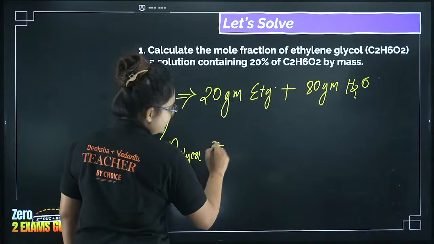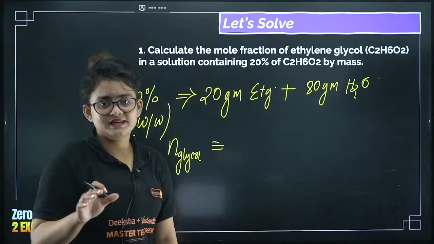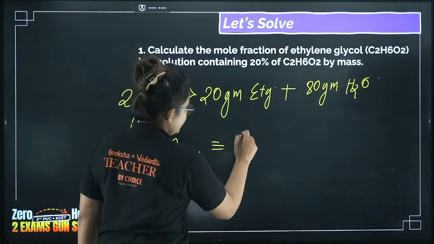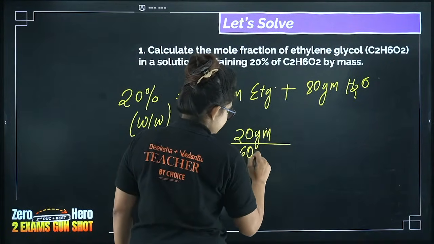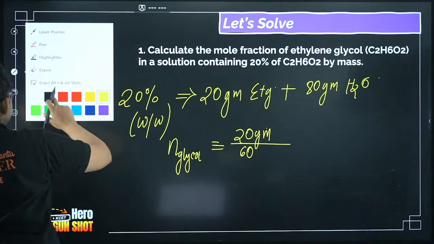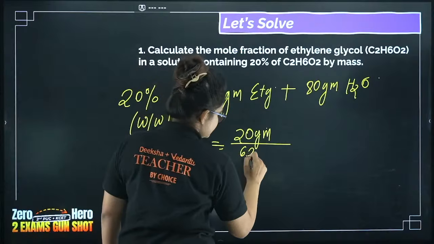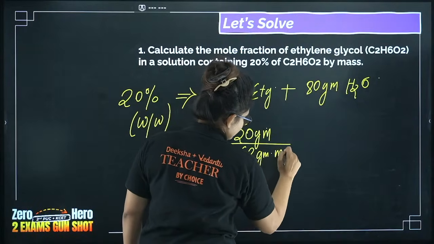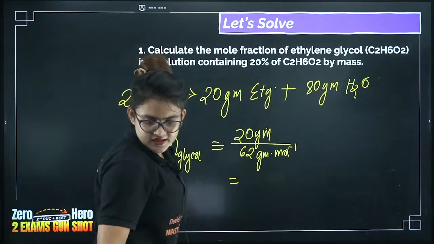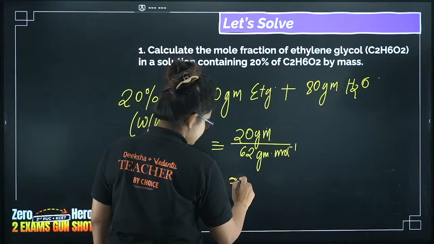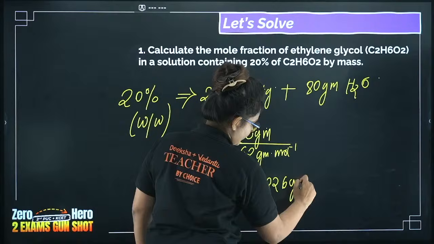If you want to find the number of moles of ethylene glycol, you will need the molecular weight. Molecular weight of ethylene glycol is 62 gram per mole. Given weight is 20 gram, so if you calculate this, it will come as 0.3226 mole.